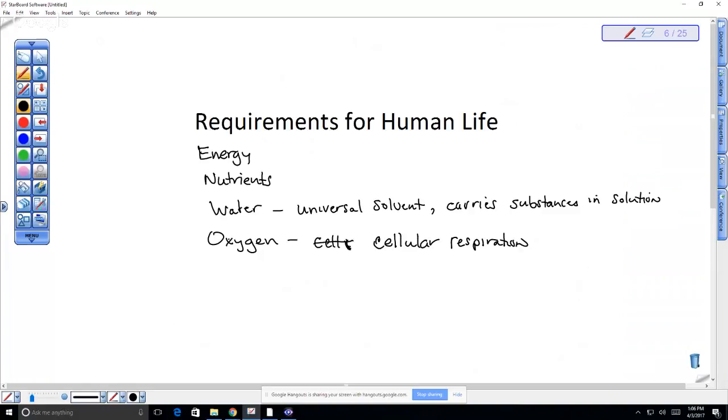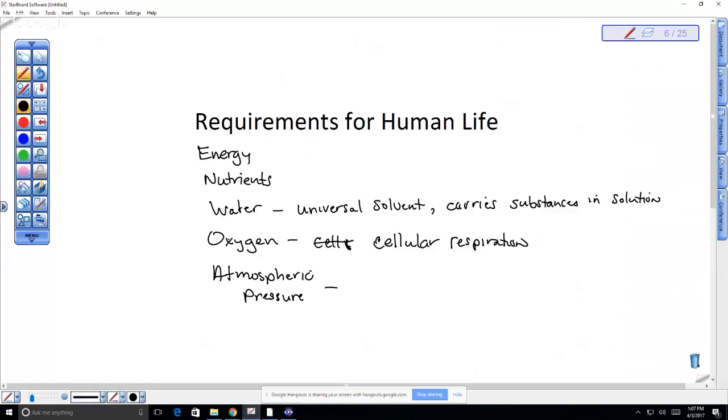Okay. We need a certain atmospheric pressure. So the atmospheric pressure is that which is exerted by all the molecules that are in the air, right? It's usually measured in millimeters of mercury, which is the same unit that your blood pressure is measured in.